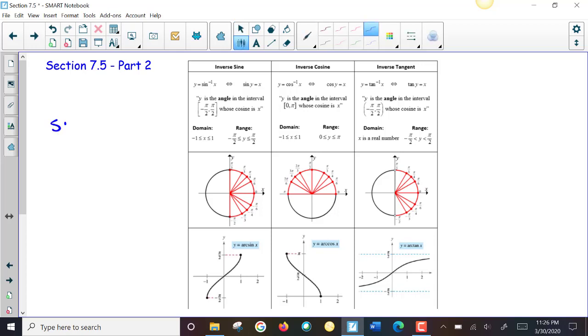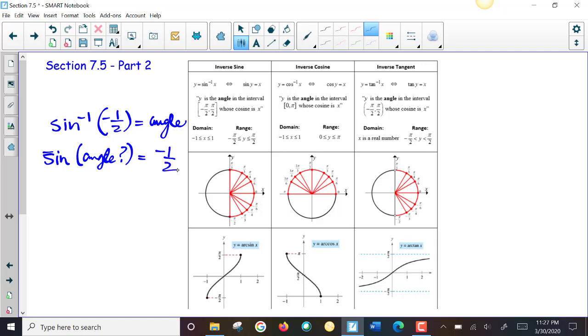If I say I want to know what's the inverse sine of -1/2, that means that I need an angle whose sine is -1/2. So we're saying the sine of some angle that I don't know is -1/2.